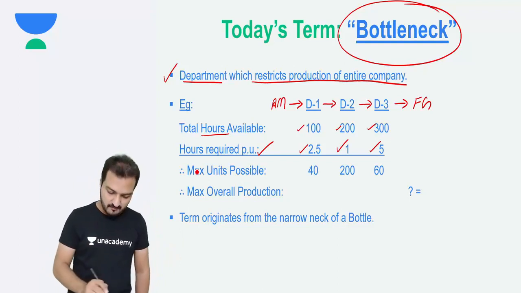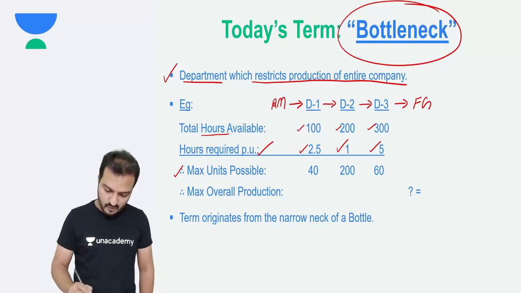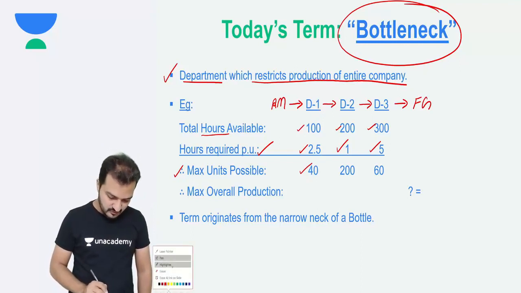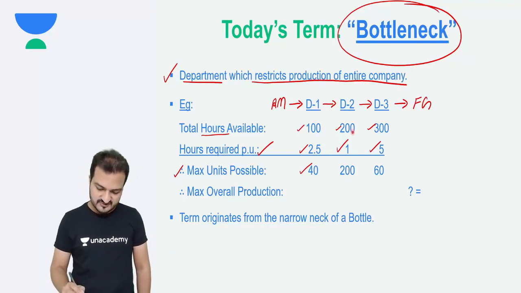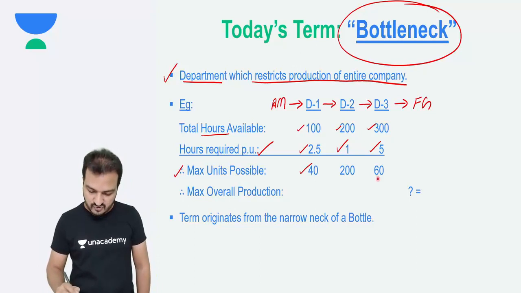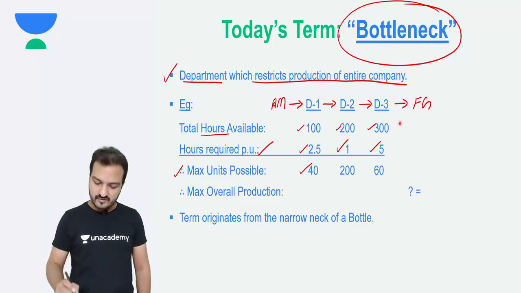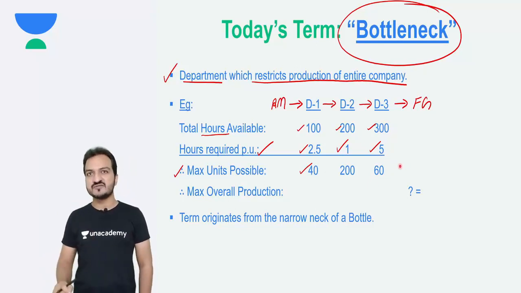So accordingly, what is the maximum number of units that each department can produce? D1 can produce a maximum of 40 units, D2 can produce a maximum of 200 units, because 200 hours at 1 hour for each unit, and department 3 can produce a maximum of 60 units. How come? That is 300 hours total. One unit requires 5 hours, so 300 divided by 5, it can produce a maximum of 60 units.